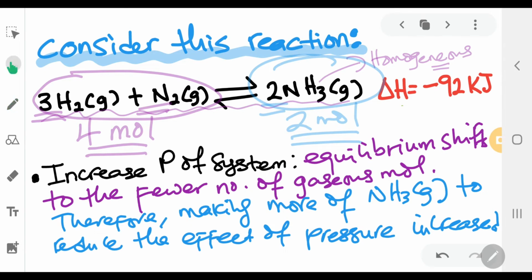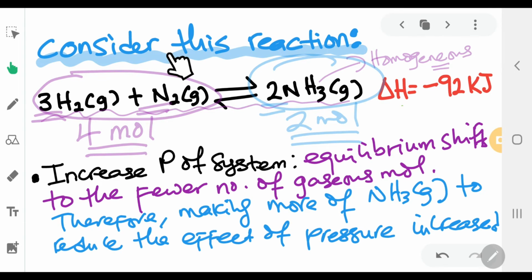Okay, so if we increase the pressure of the system, the equilibrium will shift to the fewer number of gas moles. In this case, it will shift to your right, so you're going to make more of this and less of this, because if you have more of this, you will make the pressure even higher, and that is not going to be at equilibrium.